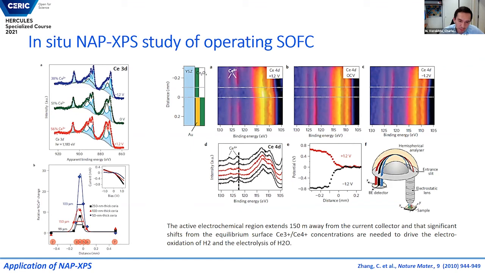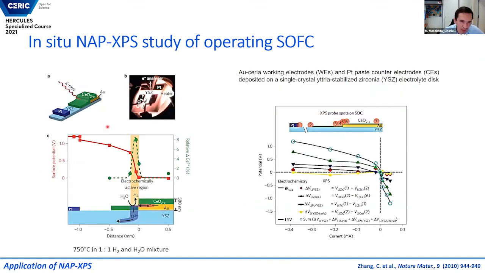You can judge that if you have the reduction of cerium, it means that there is the place where the reaction takes place. Because here, in this case, it is shown as an electrolyzer. So it was a water decomposition, and formation of some hydrogen molecules.